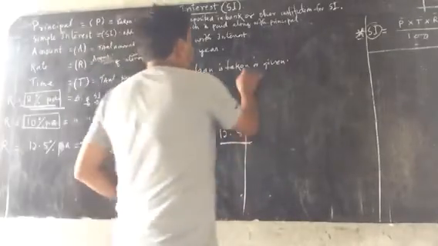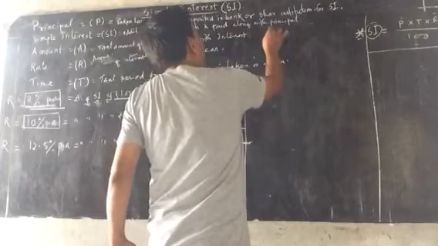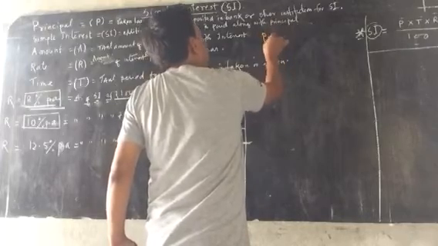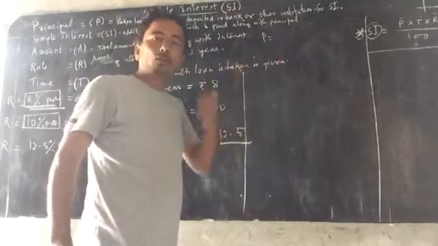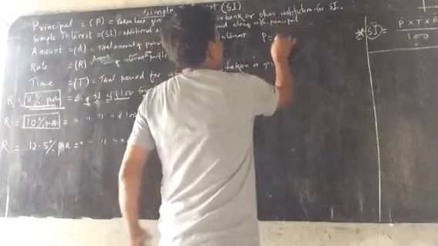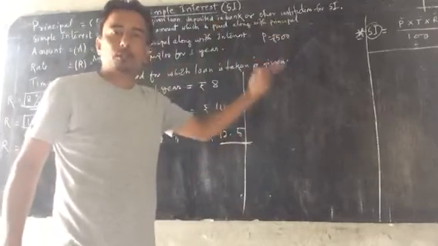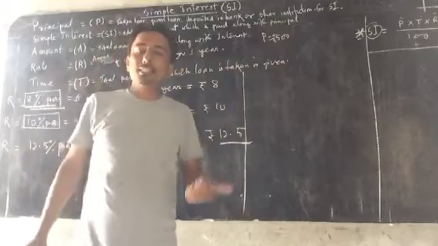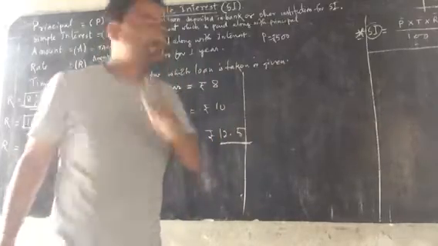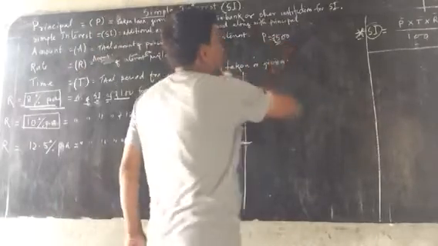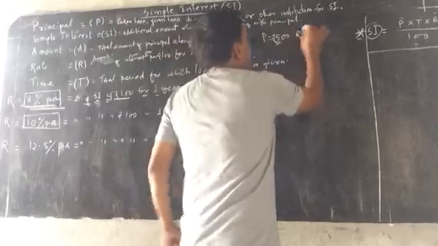Suppose, see here, I have taken a loan, some money from the bank. Suppose I have taken 500 rupees from the bank. That is the principal, the loan which we take from any institution. So principal is, suppose, 500, and the rate is fixed in the beginning only.